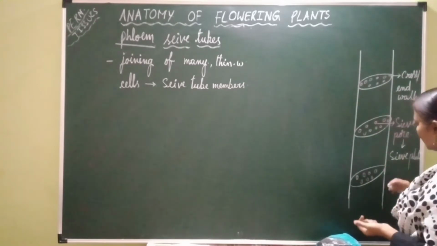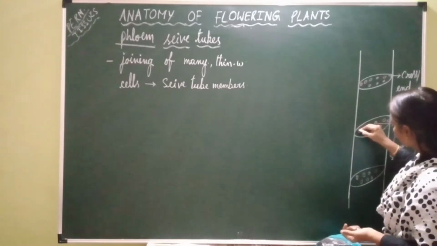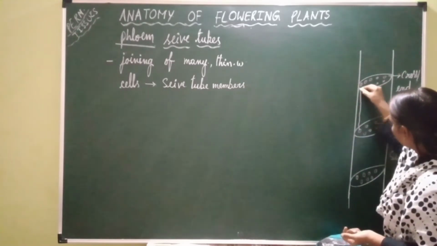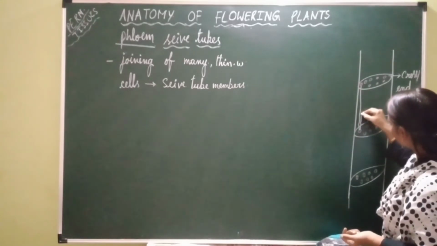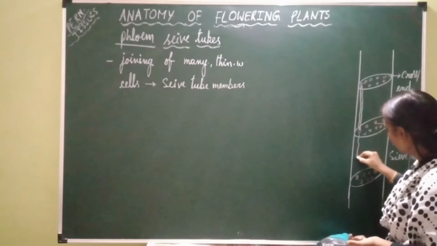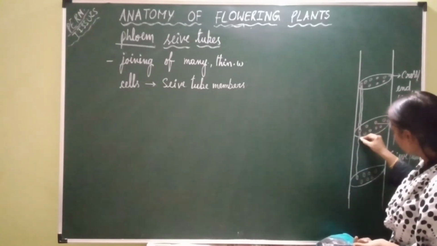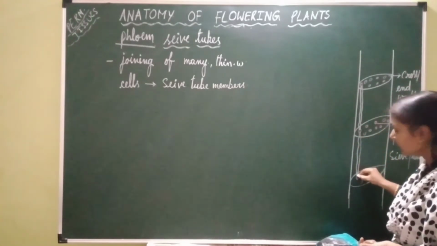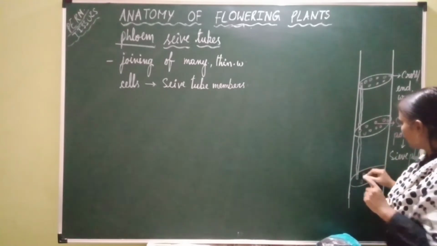Okay, so here cytoplasmic strands, that is plasmodesmatic connection. Cytoplasmic strands extend between the sieve pores of one sieve tube member and another sieve tube member present in the same sieve tube.